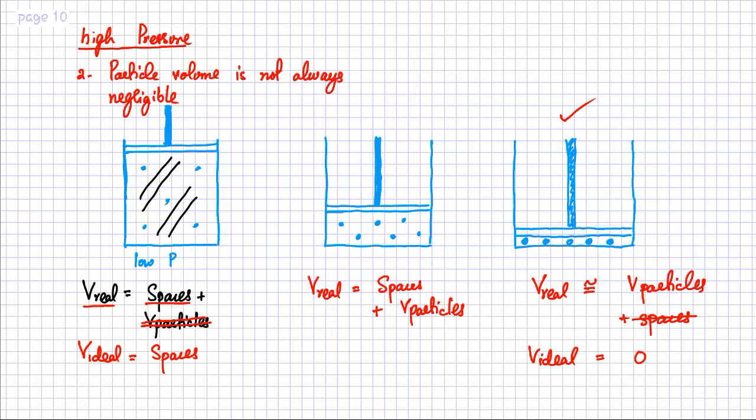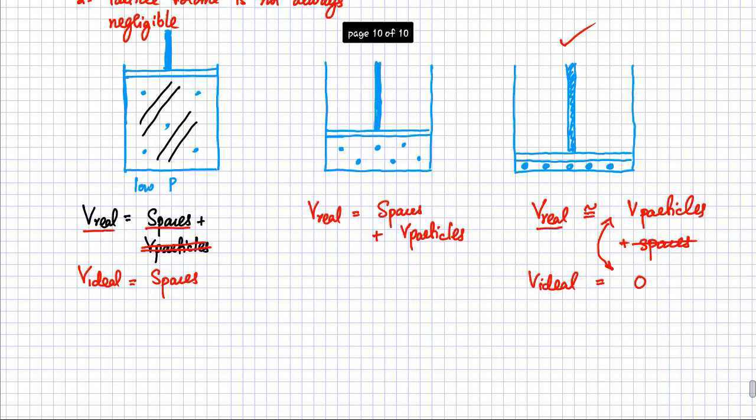So the difference in volume would be much greater at high pressure than at low pressure, and your real volume would come out to be larger. So when you calculate the product of pressure into volume at high pressure with the real volume, this would come out to be larger compared to pressure into volume for an ideal gas.